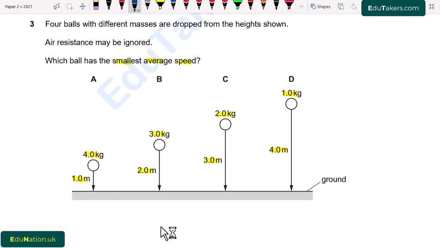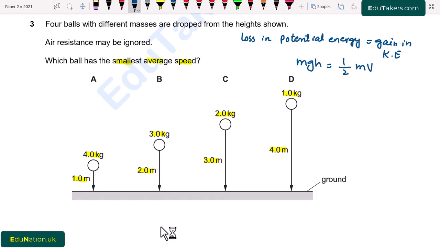So I write here, loss in potential energy is equal to gain in kinetic energy. So the potential energy is mgh while kinetic energy is half mv square.